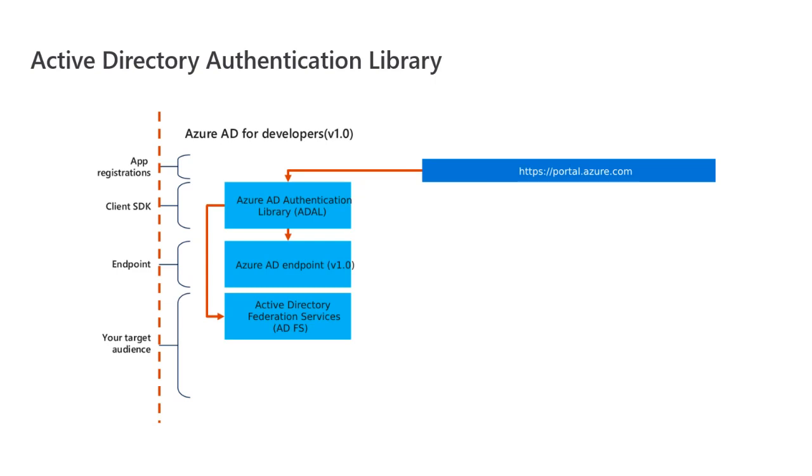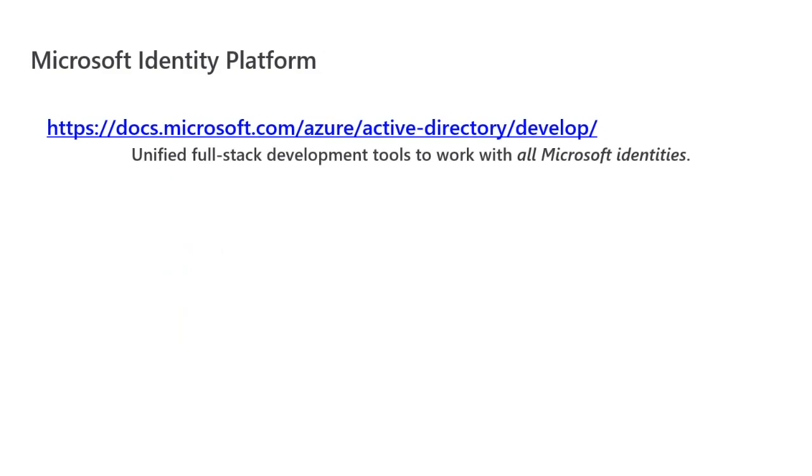One was the actual endpoints and the API, they all standardized, and we came up with the Microsoft Identity Platform, which is essentially this one platform for all the identity development you want to do across all of Microsoft. And when we say all identities, I'm going to get into this a little bit deeper later, but more than just your organizational account.